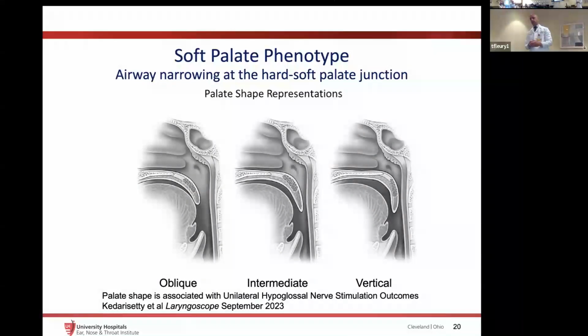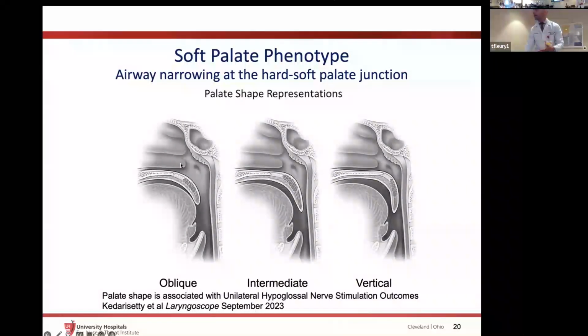One last point I want to talk about before we move to other parts of the exam is the phenotyping. This was initially described for UPPP, the palatal surgery, but it correlates really well with success for hypoglossal nerve stimulation.